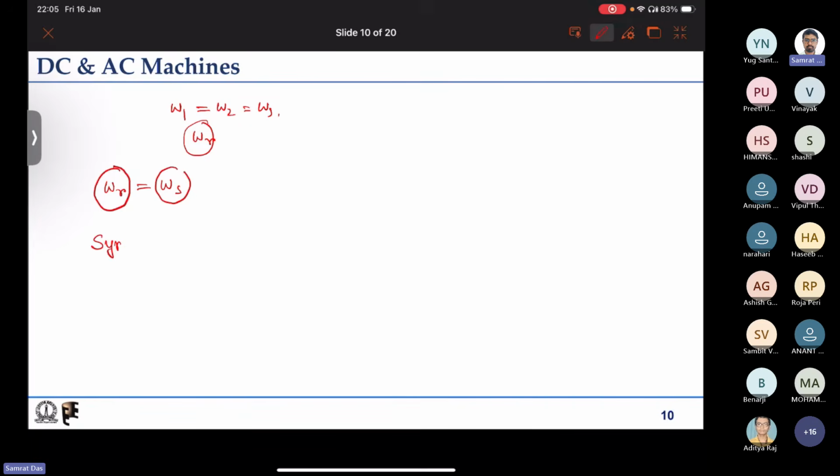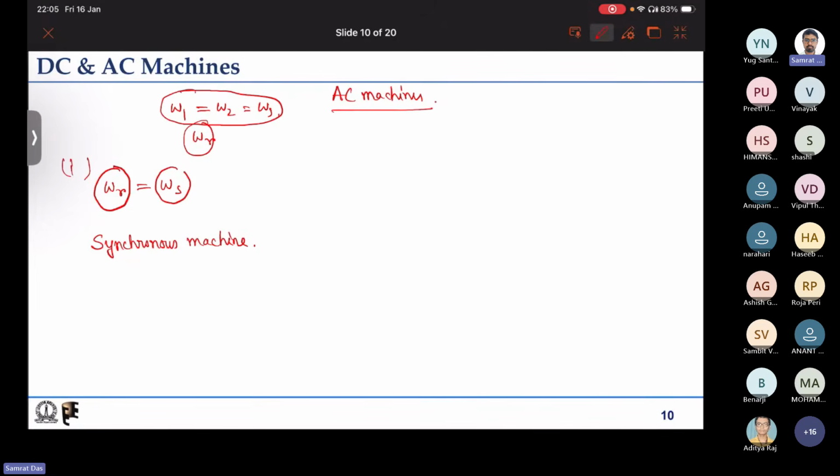So that is the synchronous machine, right? For AC machines, we need omega 1 equal to omega 2 equal to omega s. The first case is where omega r is equal to omega s, that is, the rotor is in synchronism with the magnetic field speed, the synchronous machine.